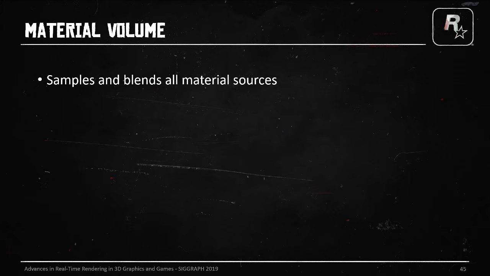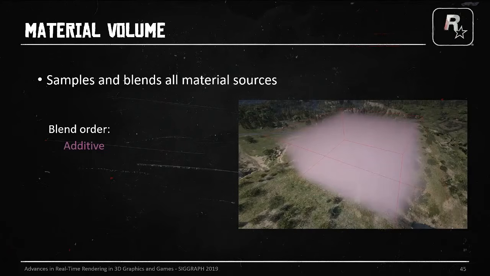The material volume is responsible for sampling and blending all the material parameters. For fog volumes, we have to follow a certain blending order since we support both additive and alpha blending. And we start with additive, then go on and blend the alpha volumes on top, and finally the volumes attached to particles last.